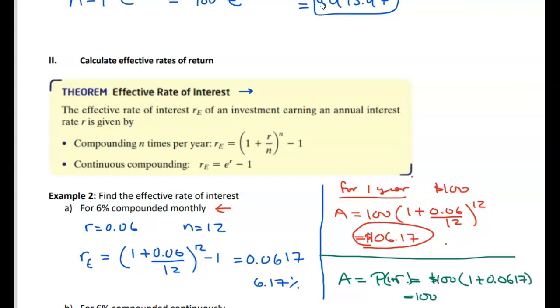Then I have 100 times 1.0617, which gives me 106.17. Okay, so we get the same thing.